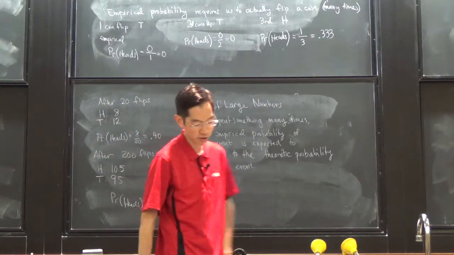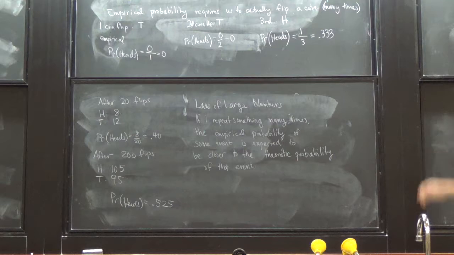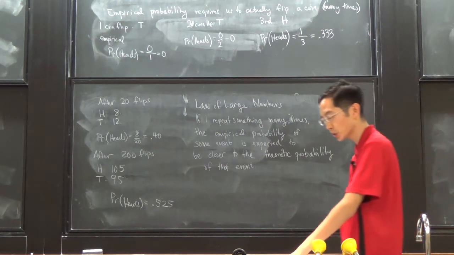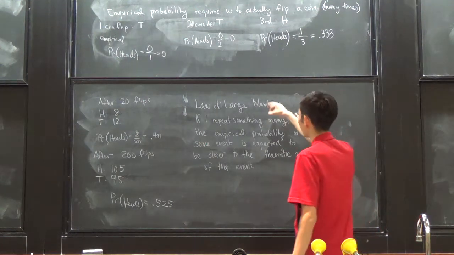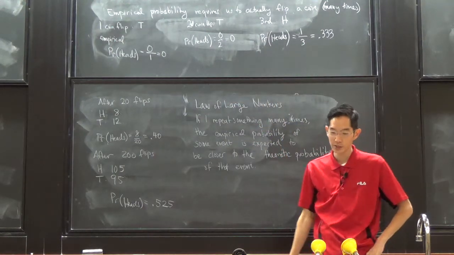This concept is illustrated with a table and kind of this graph in the book. And basically it's just graphing the empirical probability after so many trials.